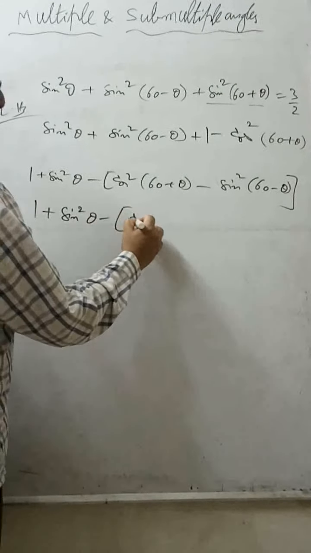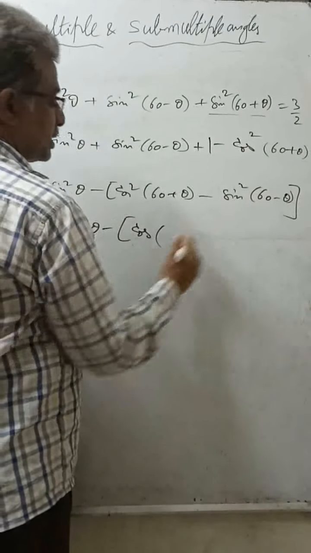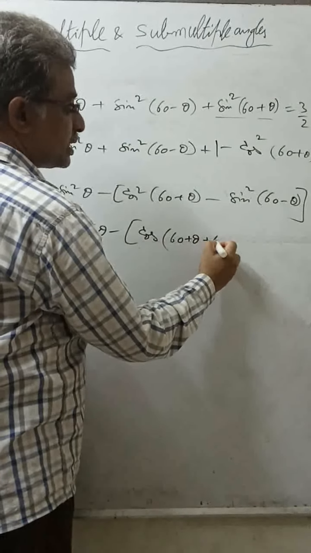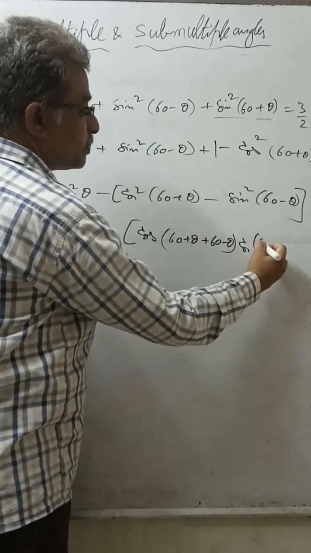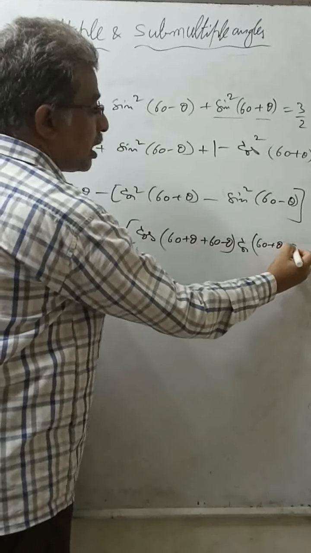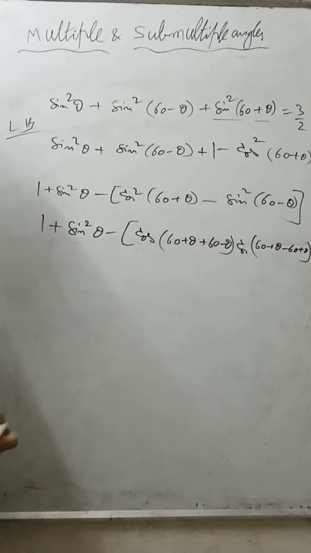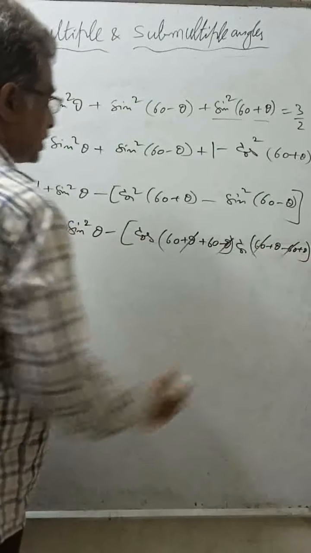Cos (A plus B) means cos of (60 plus theta plus 60 minus theta), into cos of (A minus B), which is 60 plus theta minus (60 minus theta). So theta cancels here, 60 cancels here.